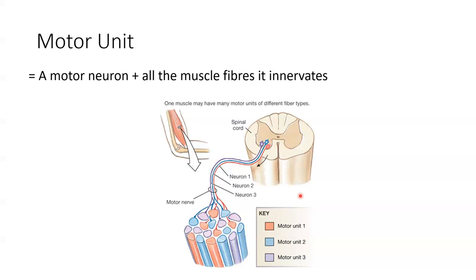So for example, the muscles in our legs will have one motor neuron which may innervate up to 2,000 or 3,000 different muscle fibres. So a motor unit is a single motor neuron and all of the muscle fibres that it innervates. So all these red ones here and this red motor neuron here is one motor unit.